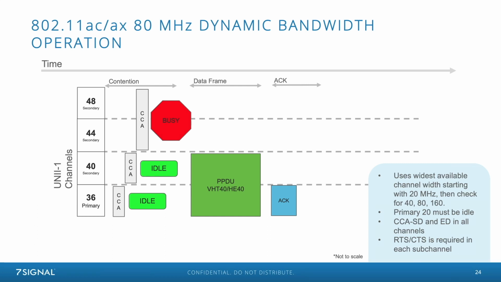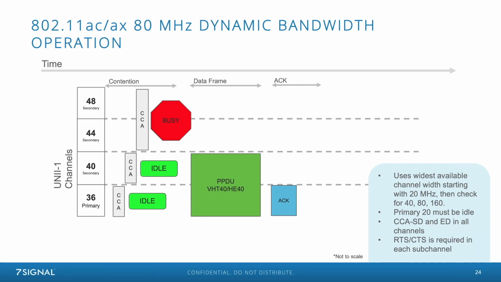It sounds nice, but there are some challenges here. One is that dynamic bandwidth operation is optional and, to the best of my knowledge, not widely implemented. The second issue is that it depends on the secondary CCA being tripped, and those thresholds out there are insensitive. Remember, our signal detect is only negative 72 dBm out there.